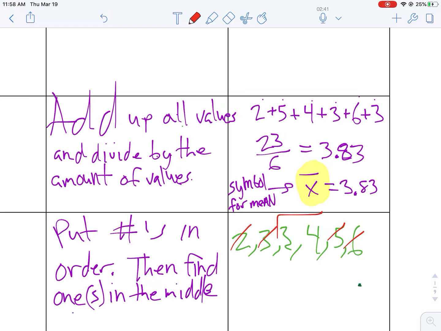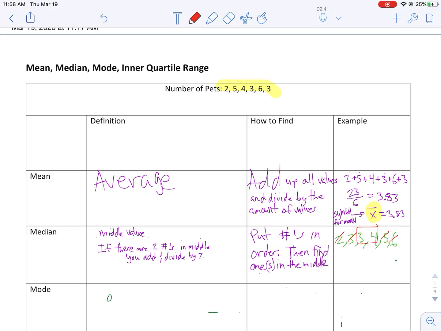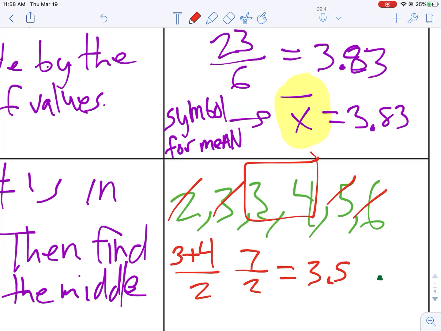Here, I've got 2 in the middle. It says if there are 2 numbers in the middle, you add and divide by 2. So I'm going to go 3 plus 4 over 2, which is 7 over 2, which equals 3.5. It's okay if you put that in fraction form, but if you're just going to add them and then divide by 2.